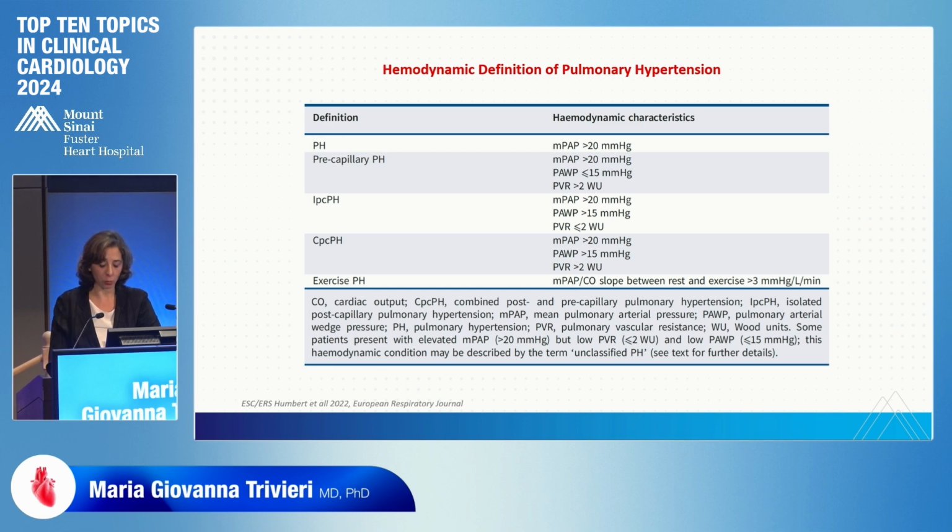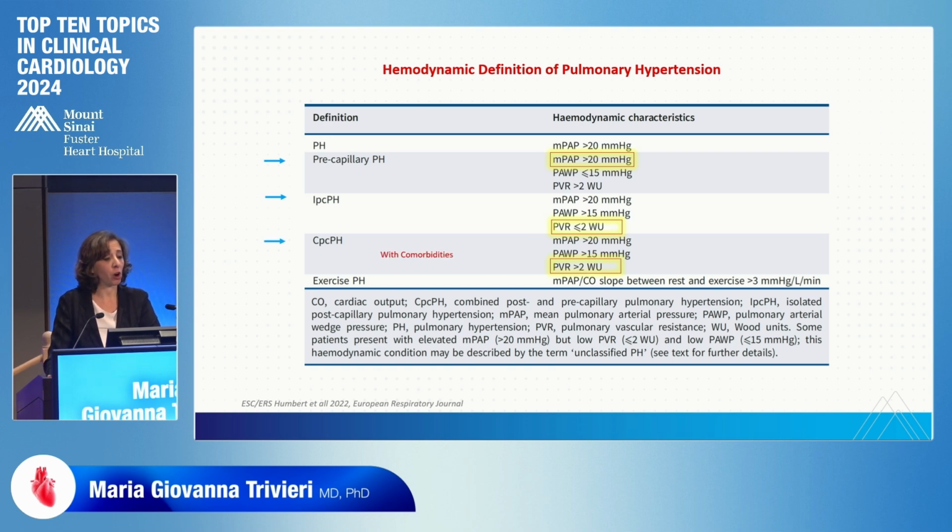So we talk about precapillary pulmonary hypertension anytime we have a mean pulmonary arterial pressure greater than 20, but the wedge, by definition, has to be less than or equal to 15. And then we want to see a PVR greater than 2. We talk about isolated postcapillary pulmonary hypertension anytime we have a mean pulmonary arterial pressure greater than 20, but the wedge is more than 15, and the PVR typically is less than 2.